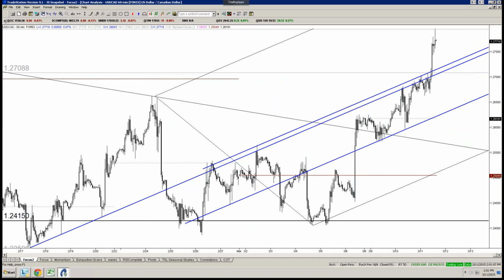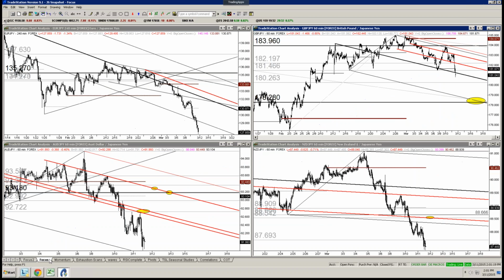Other questions we had here. Dale, what would be a stop for pound yen if it did retest? Sure, so I can show you how I would do it.